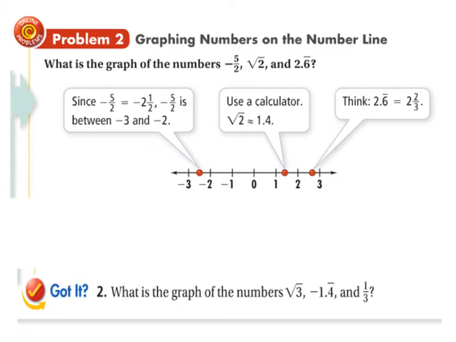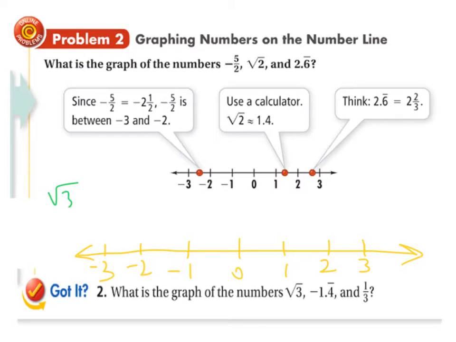Now if we make a number line for our points down here, we do have some positives and some negatives, so I'll put 0 here, 1, 2, 3, just to cover everything that I need to, and negative 1, negative 2, negative 3 there as well. If we approximate the square root of 3, that's approximately 1.7.